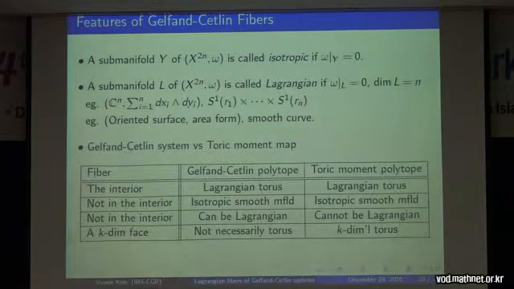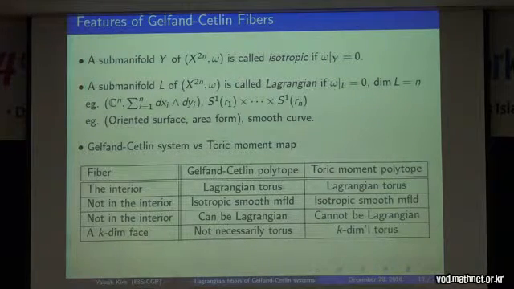And here is a key difference. If you choose a point not in the interior of the Gelfand-Cetlin polytope, the inverse image might be Lagrangian. But in the toric moment polytope case, the toric fiber is always a k-dimensional torus if it is the inverse image of a k-dimensional stratum. So that's the key difference.